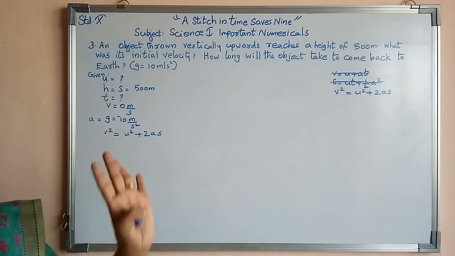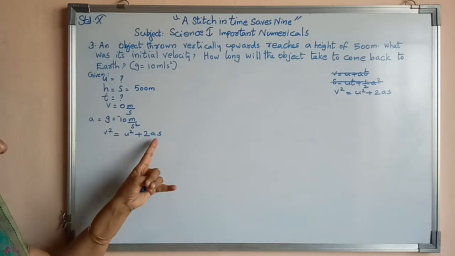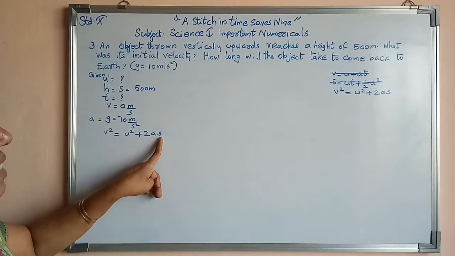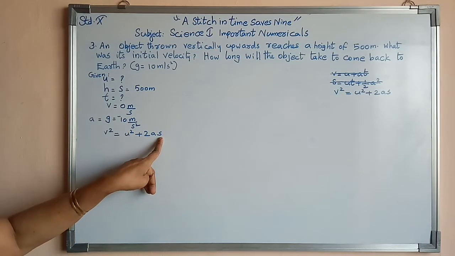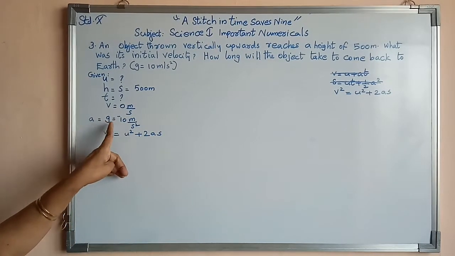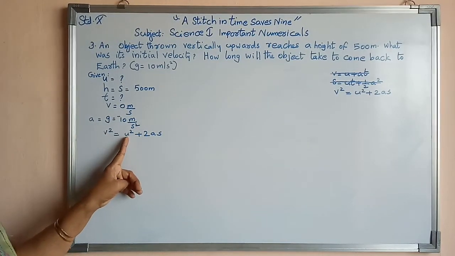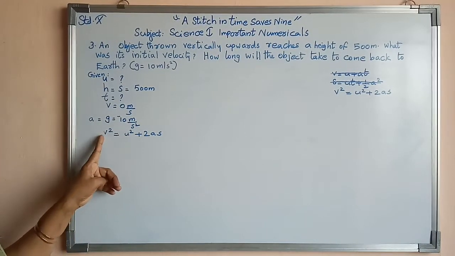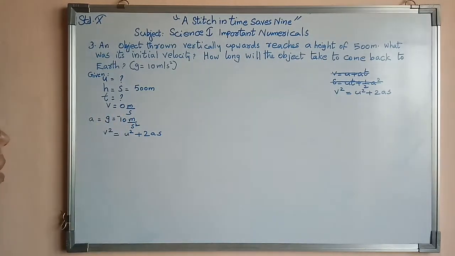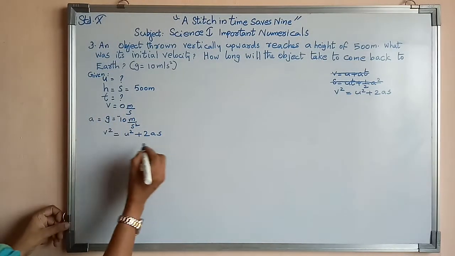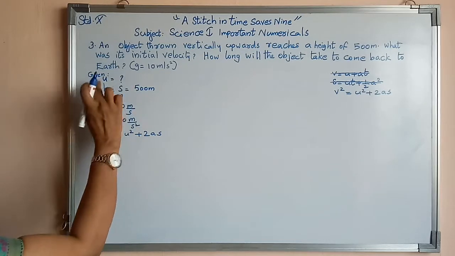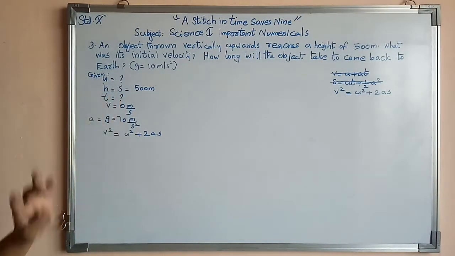S is given, s means the height of the object, a means g that is given as minus 10 meter per second square, u we have to find out, v is already given that is 0 meter per second. So let us solve now. First we will find out u, later on we will find out t.